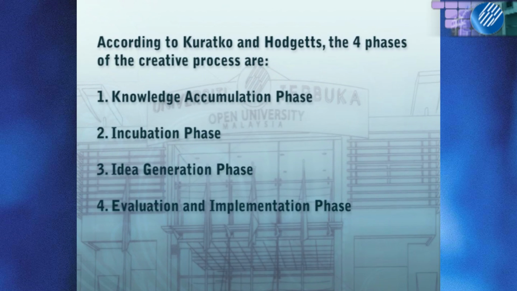Let's now discuss the process of creativity. There are 4 main phases or steps in the creative process according to Kuratko and Hodgetts. The knowledge accumulation phase, where an individual must be ready to gather all information via reading, discussion, attending seminars, etc. The incubation phase, where an individual tries to get rid of problems and allow their subconscious mind to work on it.